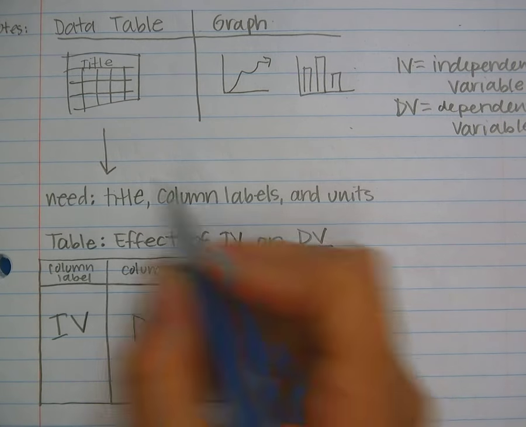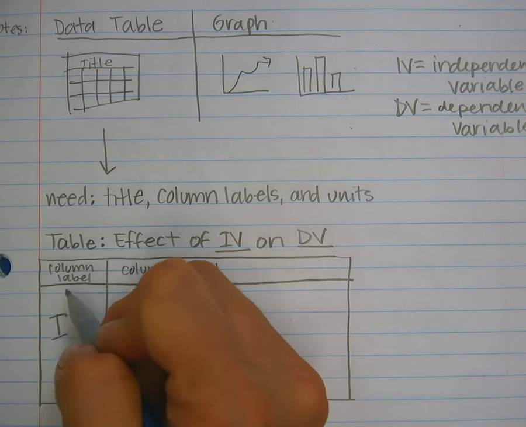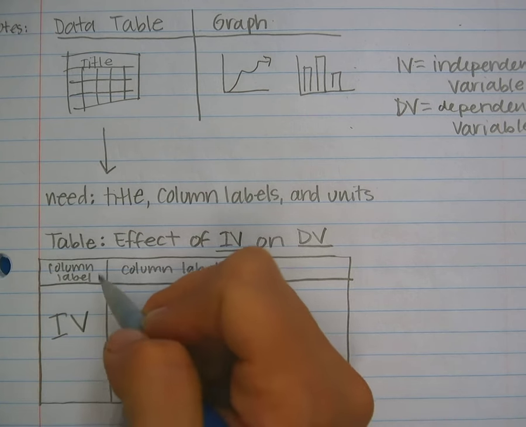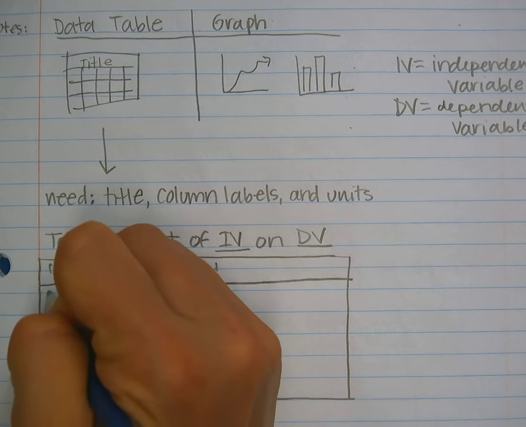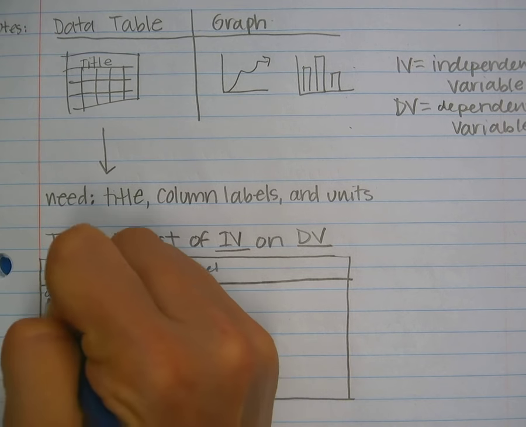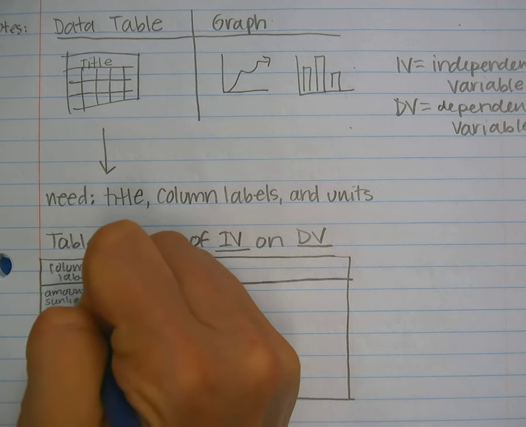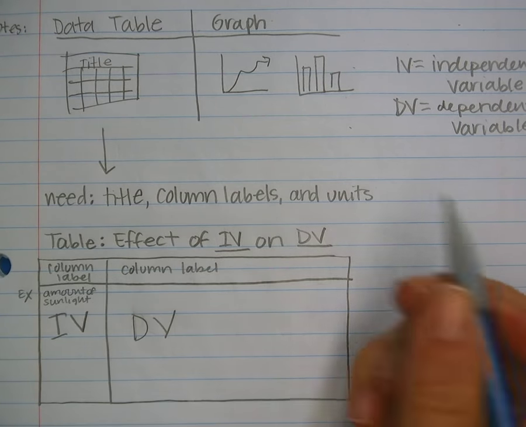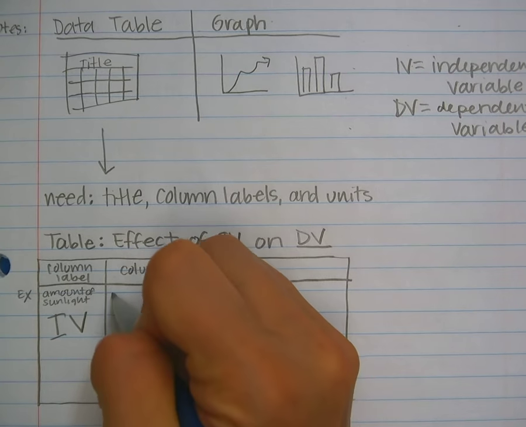So let's say our independent variable is the amount of sunlight. And we are going to be measuring plant height.